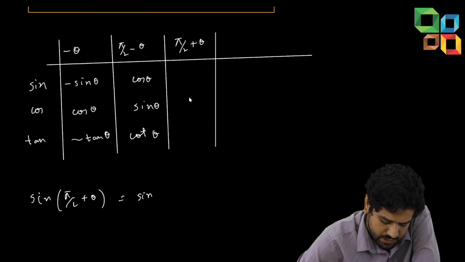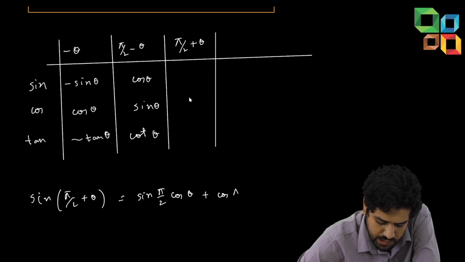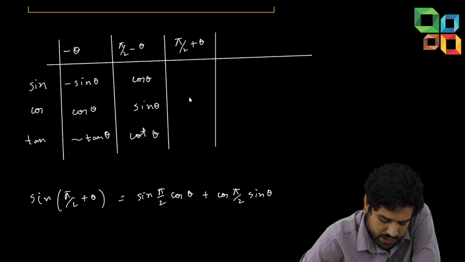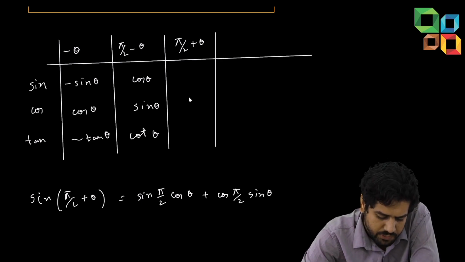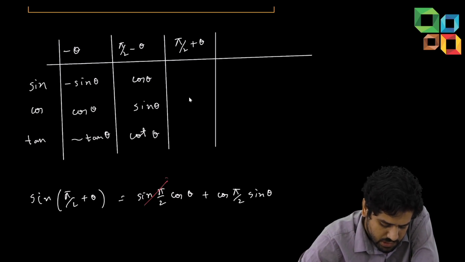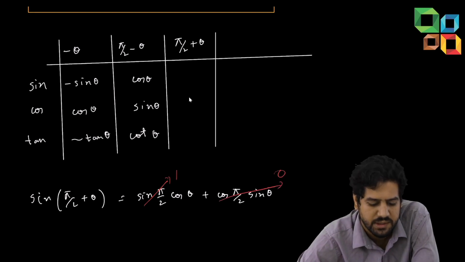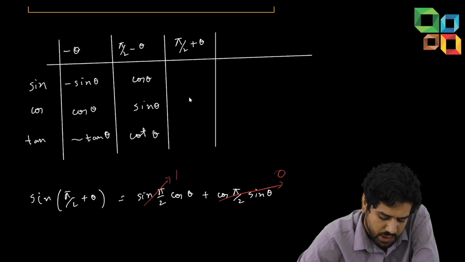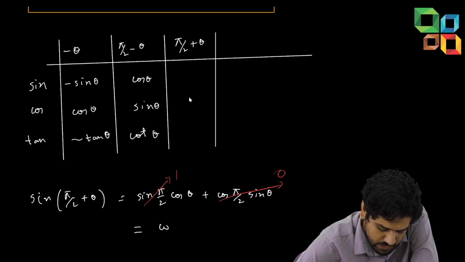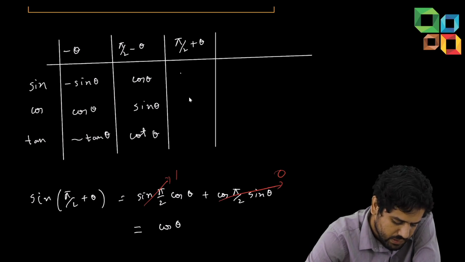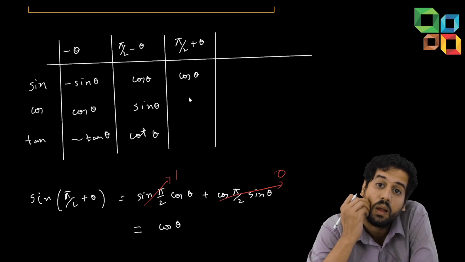So you'll get sine pi by 2 cos theta plus cos pi by 2 sine theta. What is sine of pi by 2? Sine of pi by 2 goes to 1. Cos pi by 2 goes to 0. So this whole thing will go to 0, 0 into sine theta will go to 0. So what are you left with? This will just be cos theta.